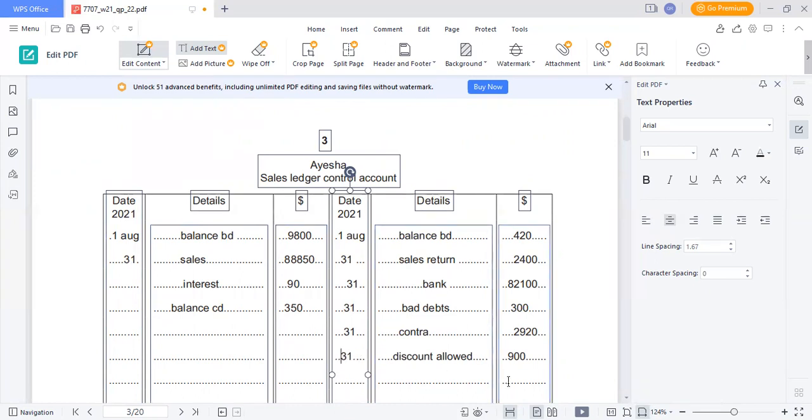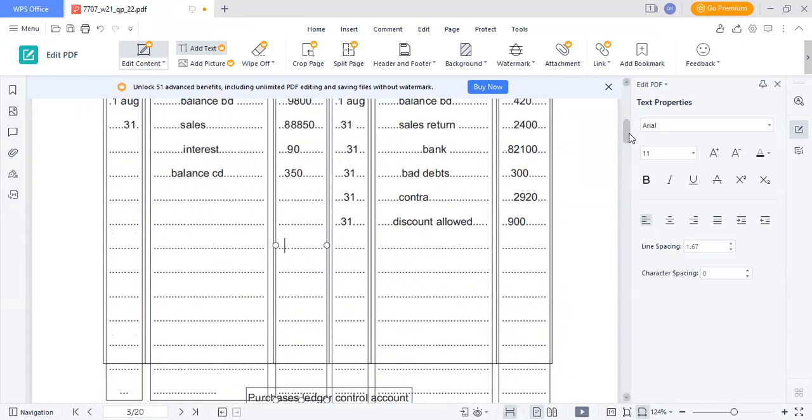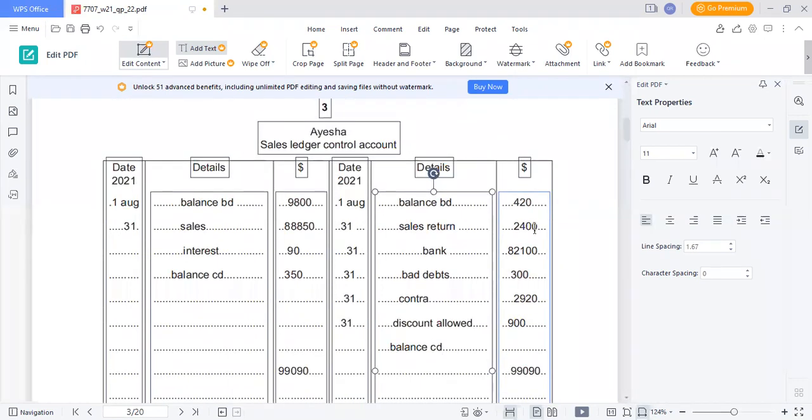Okay, then we have the total: 9,800 plus 8,850 plus 90 plus 350, that will be 99,090. So balance CD will be 99,090 minus 420 minus 2,400 minus 82,100 minus 300 minus 2,920 minus 900.